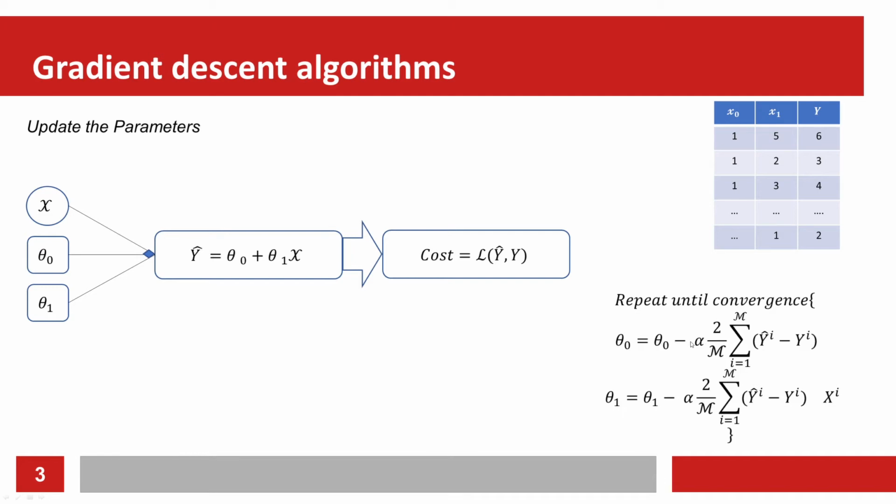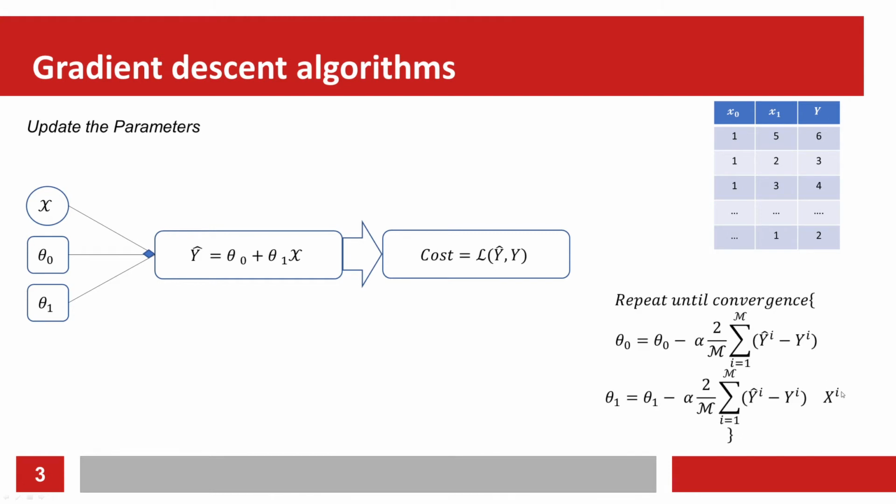And this minus alpha, where alpha is the learning rate, times the partial derivative of the cost with respect to theta. I also made a video on how to find the partial derivative. Now this is for theta 0 and here for theta 1. The difference between theta 0 and theta 1 is this x.